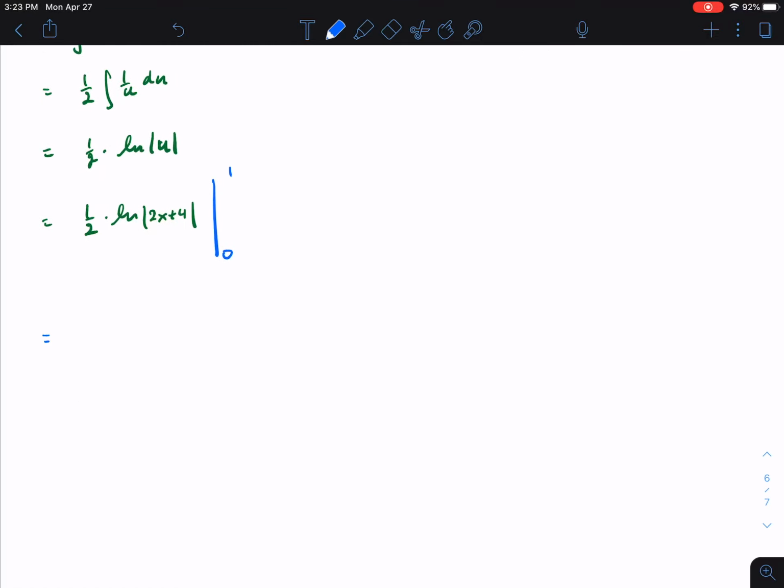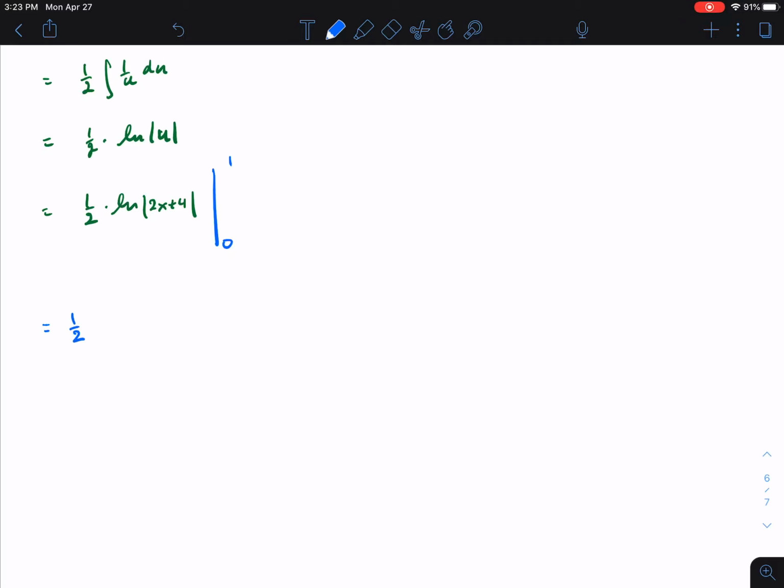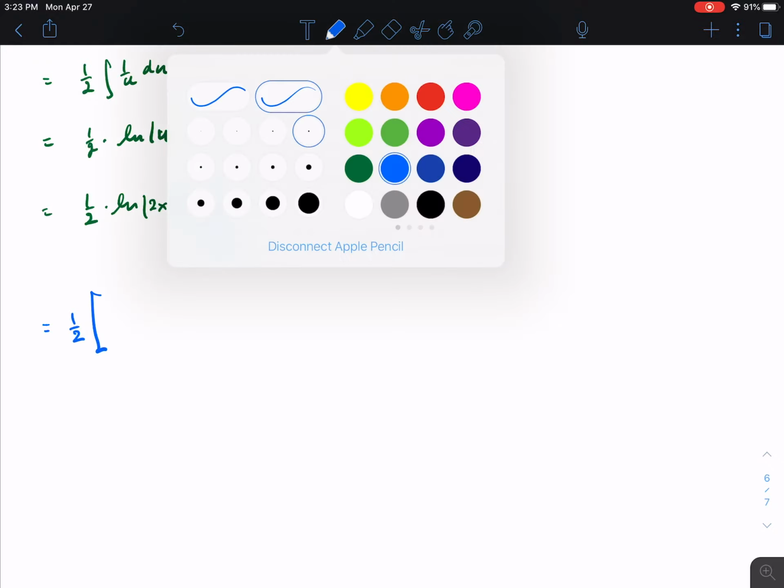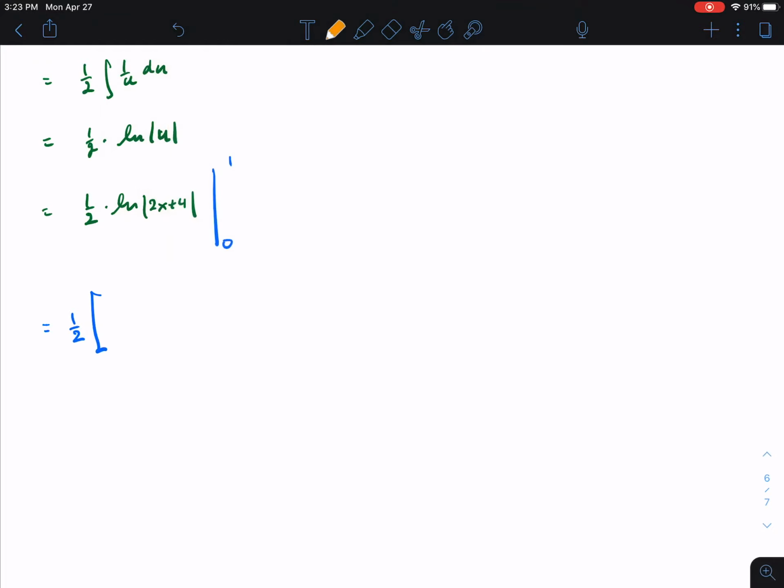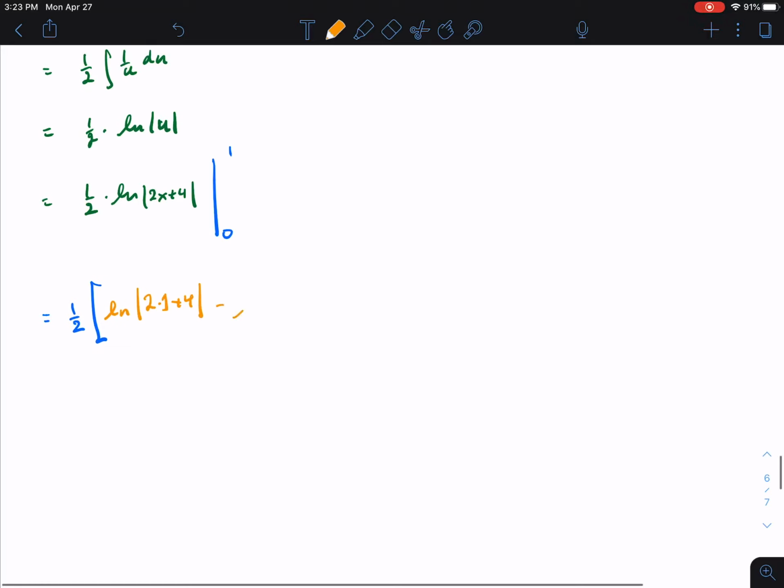This constant 1/2 here, we can leave in front of all the math that we're doing. So we're just going to plug in 0 and 1 into the function and then evaluate it. So we get natural log of absolute value 2 times 1 plus 4, close the absolute value, subtract the natural log of 2 times 0 plus 4, close bracket.